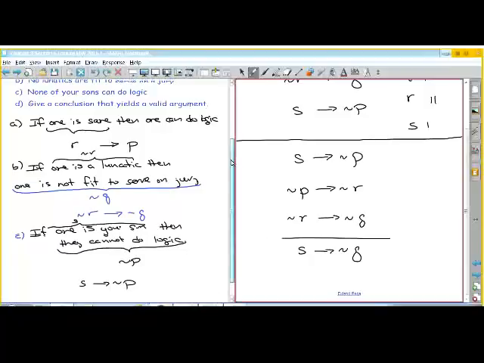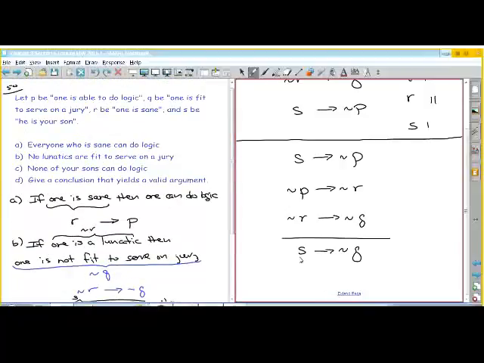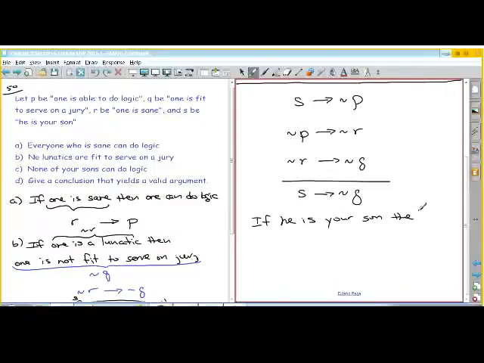So now I've done all that symbolically. I can go back and just rewrite it here. So S is: if he is your son, then not Q. Then he is not fit to serve on a jury.